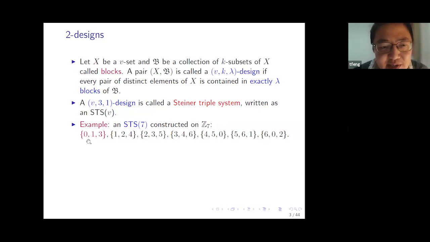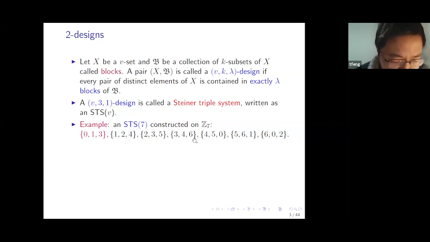Here we list all the blocks. We can see it contains 7 blocks. We can check the pair 0, 1 appears in the first block, and 0, 2 in the last block, and 0, 3 in the first one, then 0, 4, 0, 5, 0, 6.